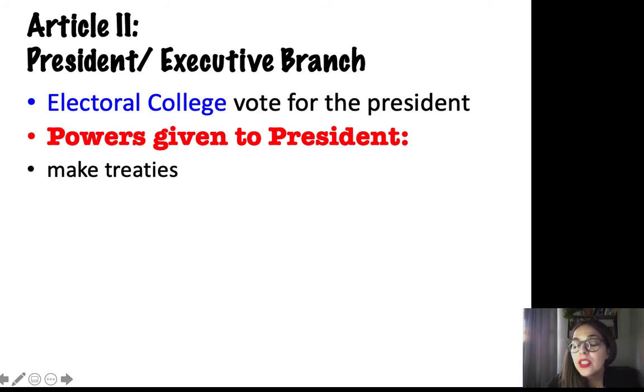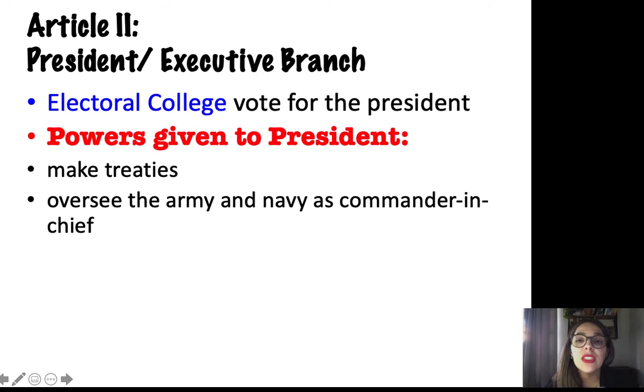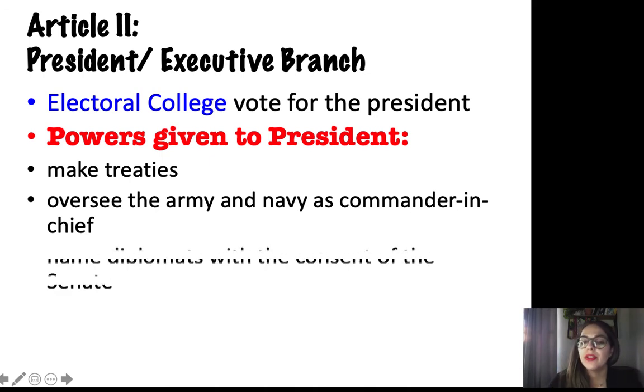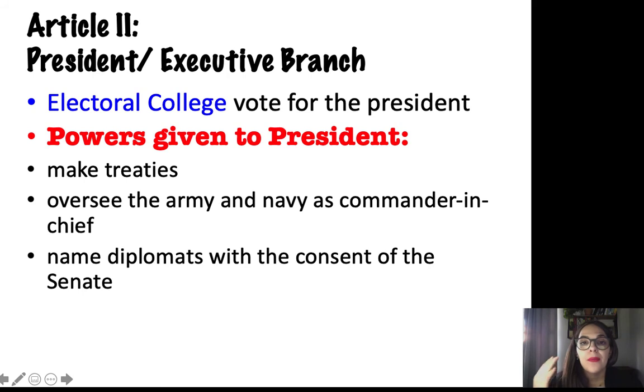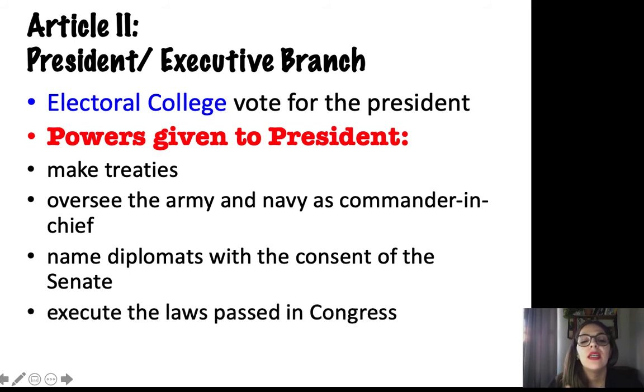The president can negotiate treaties, but the Senate has to approve it. In addition to that, the President of the United States oversees the Army and the Navy, right? The entire military, as the Commander-in-Chief. The president also gets to name diplomats with approval from the Senate. They also get to execute the laws passed in Congress.